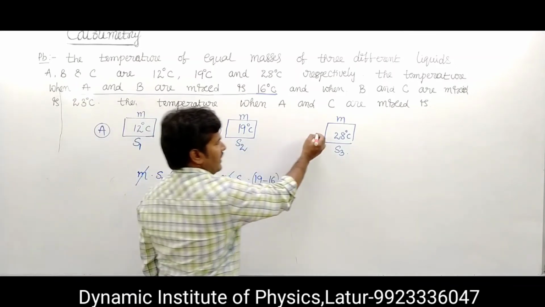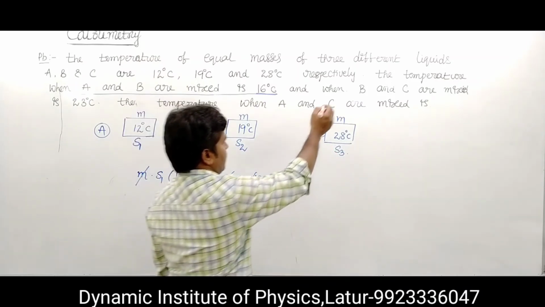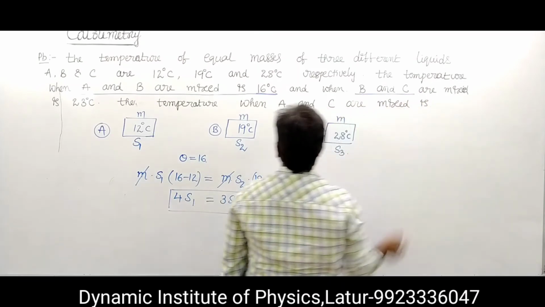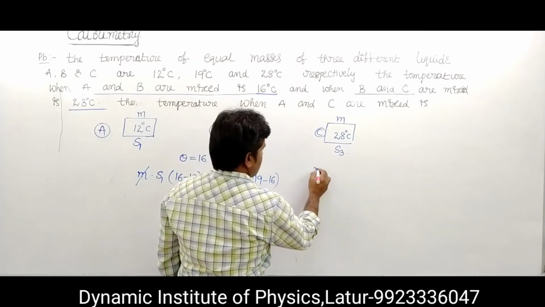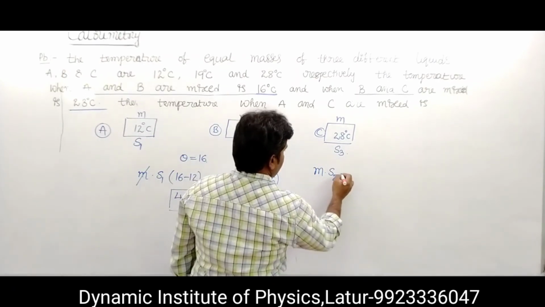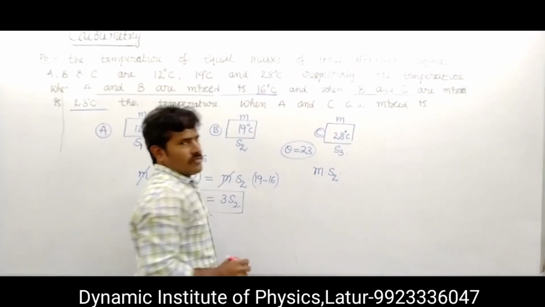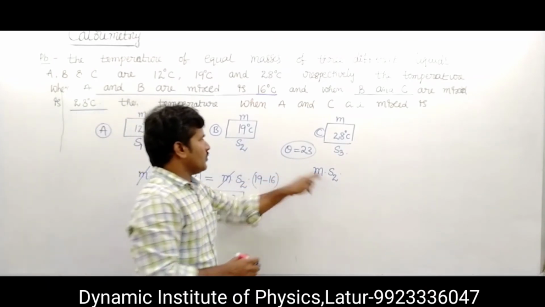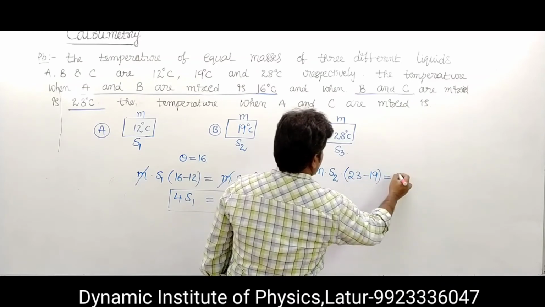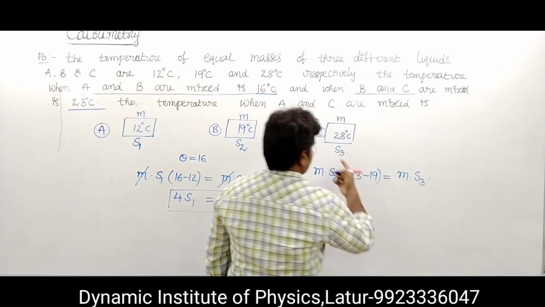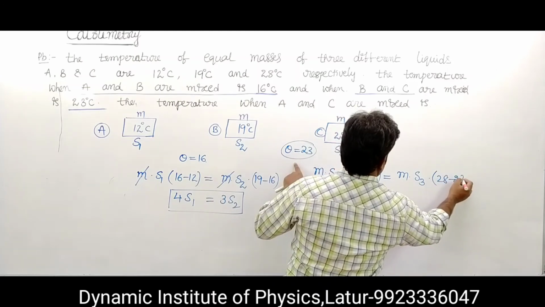If B and C are joined, the common temperature after mixing is 23 degrees Celsius. So M into S2 into (23 minus 19) equals M into S3 into (28 minus 23).